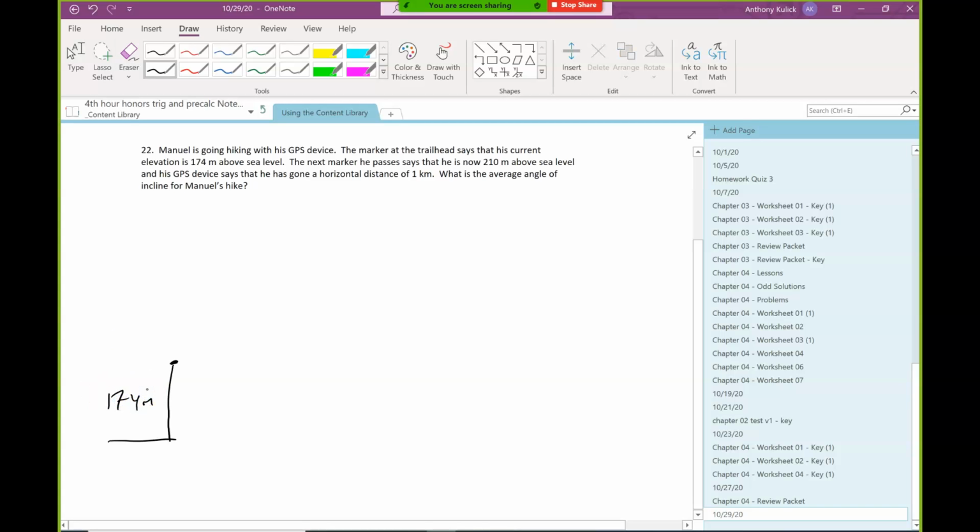We start walking, and we end here. And that is 210 meters above sea level. So that means that this part would have been 36, right?